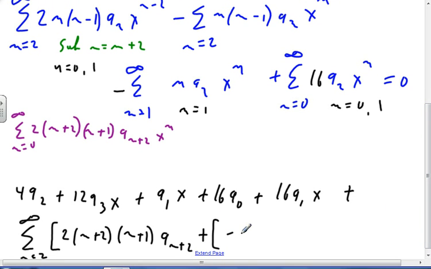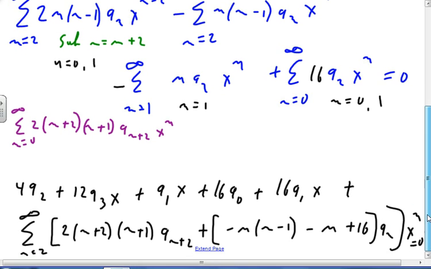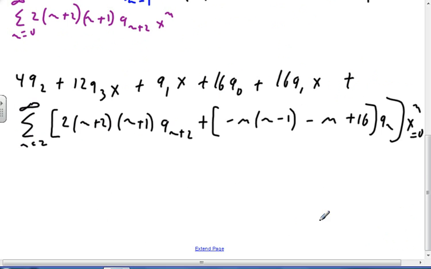So I've got minus n minus 1, minus n, plus 16 a_n, x to the n equals 0. Okay, that's what I have.